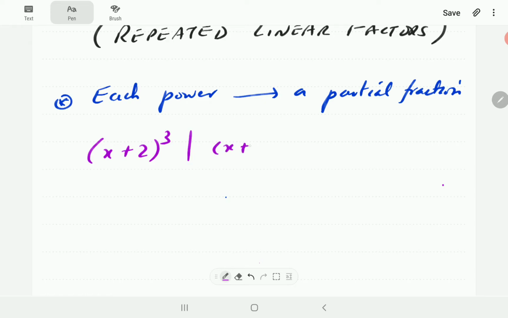The first one is going to be (x + 2)^1. The next one is going to be (x + 2)^2. And the third one is going to be (x + 2)^3. So when it comes to partial fractions, each of these is going to have a separate partial fraction.